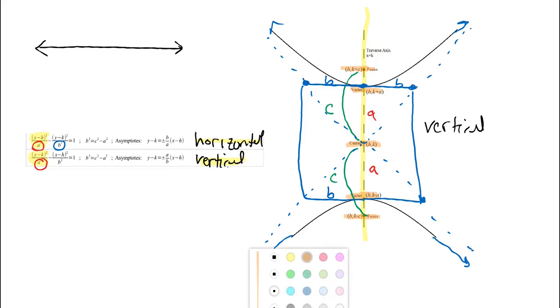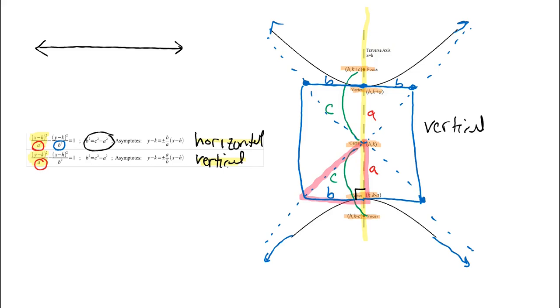If we focus on one of these triangles that show up in here, you can see that we have A, B, and C along those triangles. This makes a right angle. So we have a right triangle, and we can use the Pythagorean theorem, and that's where these equations come into play. You can see that A squared plus B squared equals C squared.